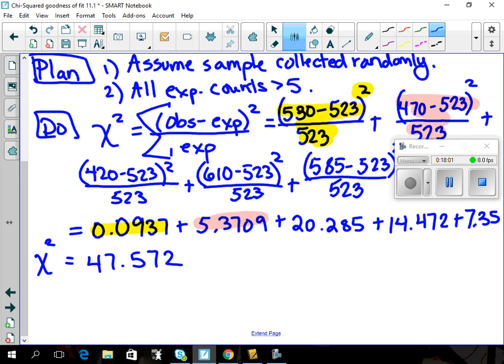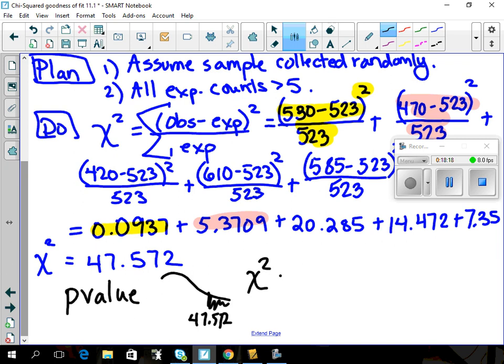Which kind of makes sense. So when we think about a p-value, remember it's a right-tailed distribution. So we're looking at 47.572. So we're going to be doing a chi-squared CDF. Going to use your test statistic, out to the right.